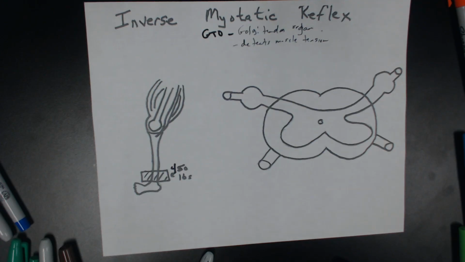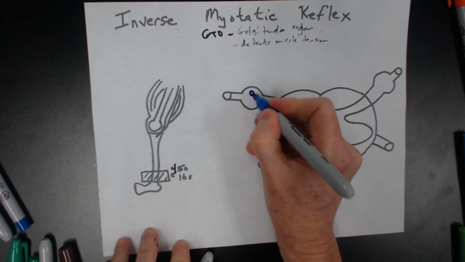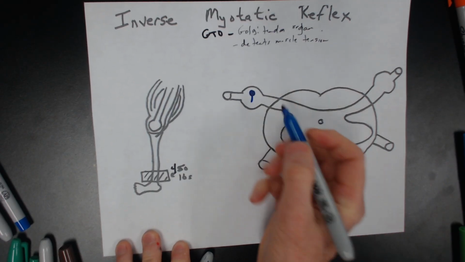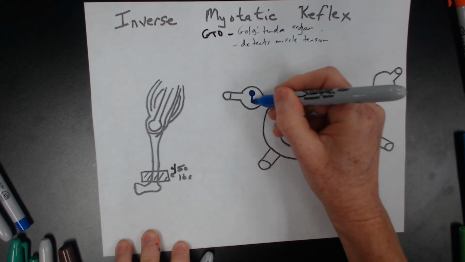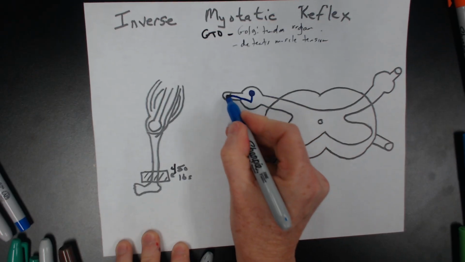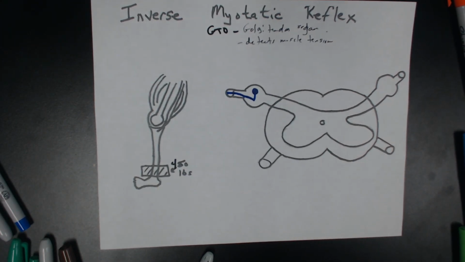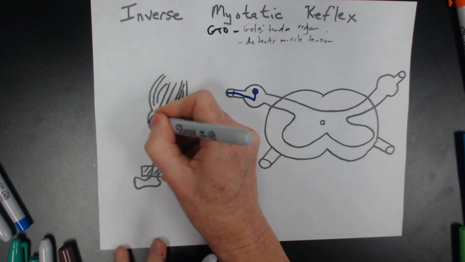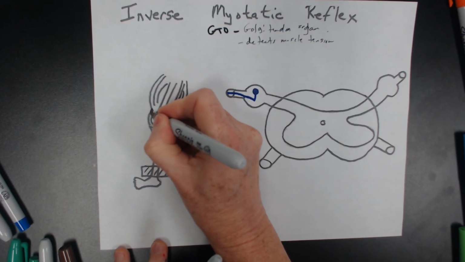So what we have here is my neural cell body, dorsal root ganglia. Okay, I'm going to come out to the tendon specifically. So these are all going to be in the tendon of the muscle, okay, your GTO.